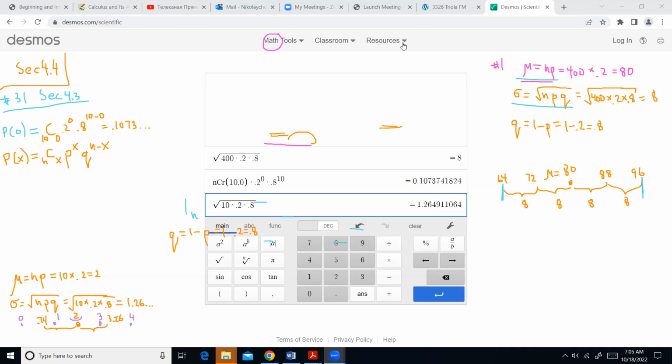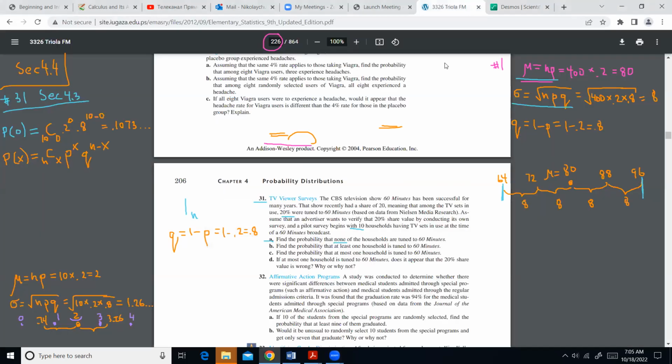So let's go back. Looks like this exercise has more little questions, such as part B that says, what's the probability of at least 1? Oh, remember, that's one of our favorites. Probability of at least 1 is 1 minus the complement, right?